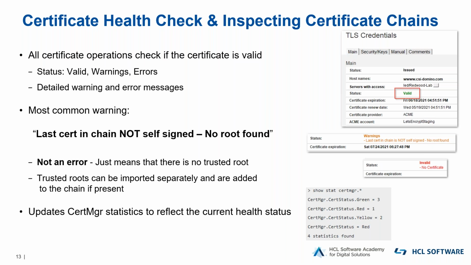This is also available here. That's part of the certificate health check. And you get the green, orange or yellow, and red status. And you get details about what is wrong.